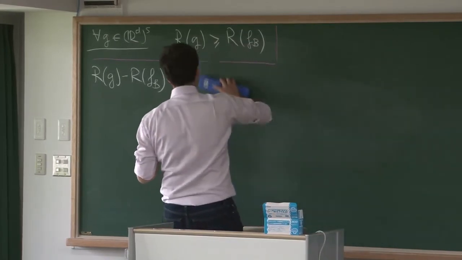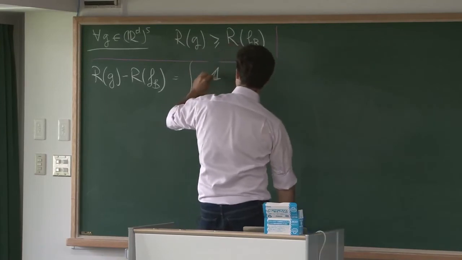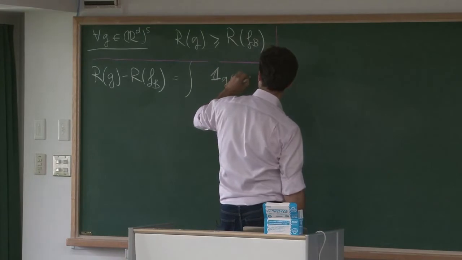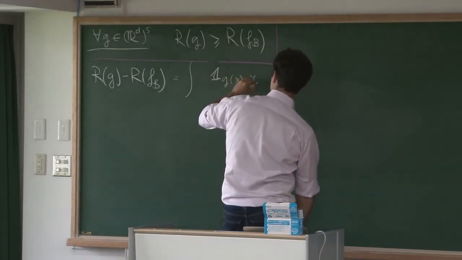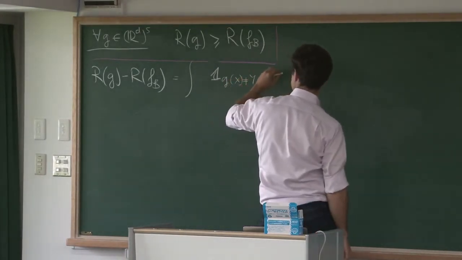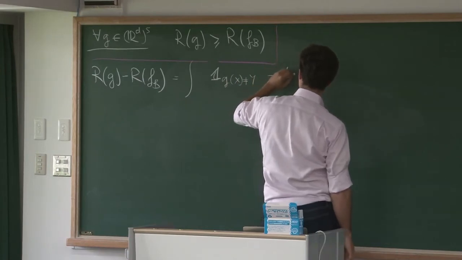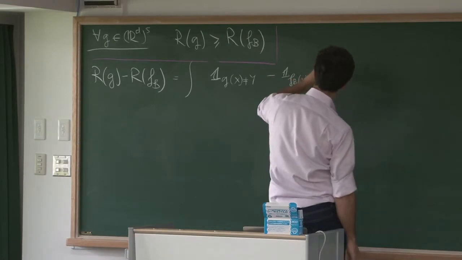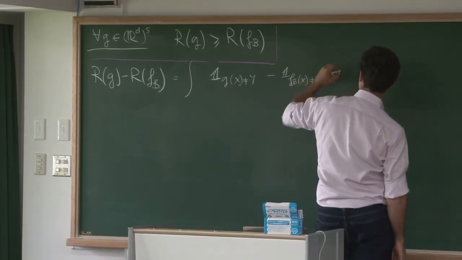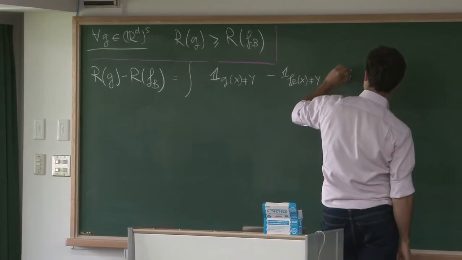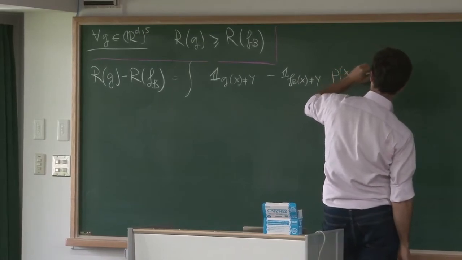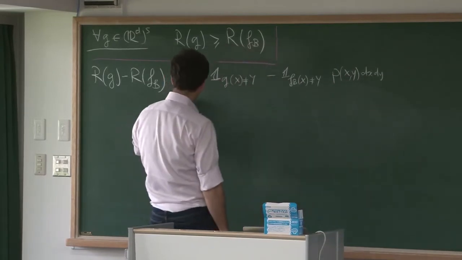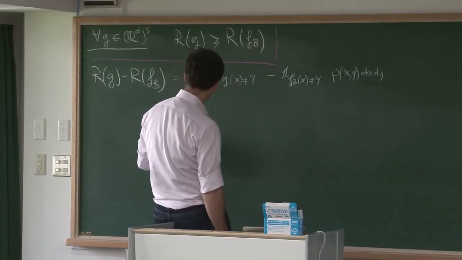So it's simply the indicator of g of x different from y, minus the indicator of f_B of x different from y, times p of x, y, dx dy. Now we can condition on x.